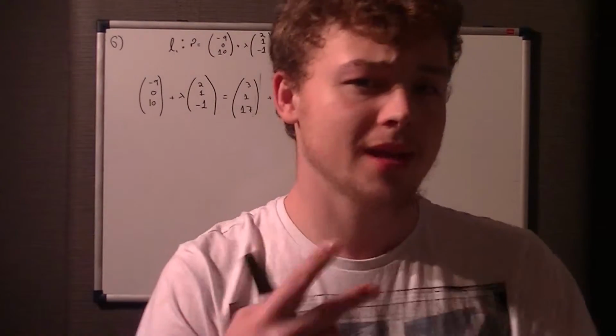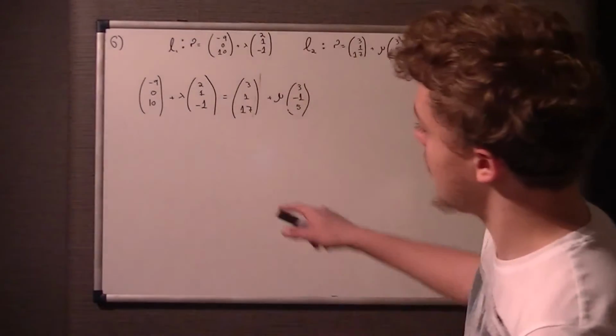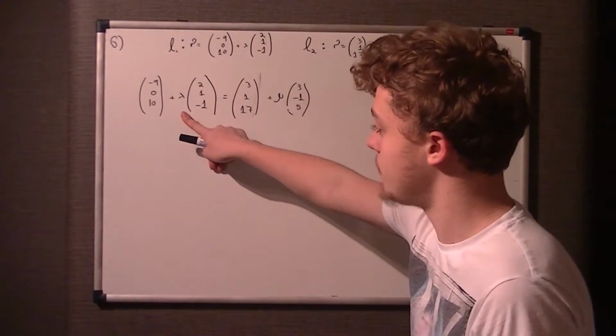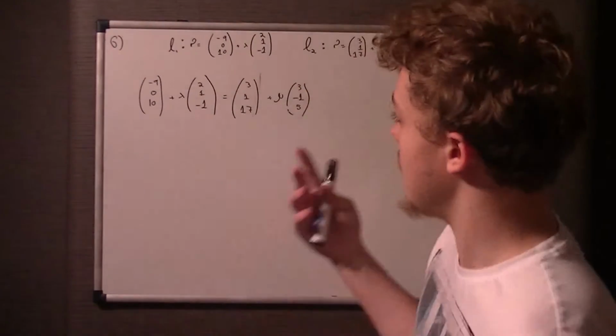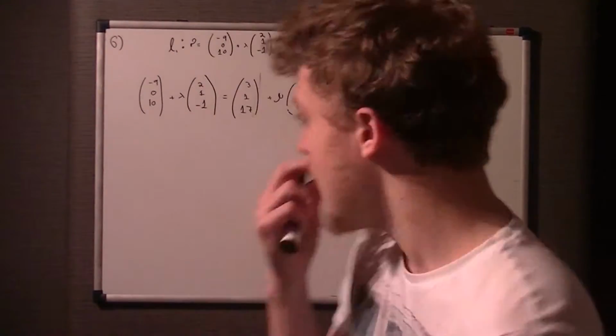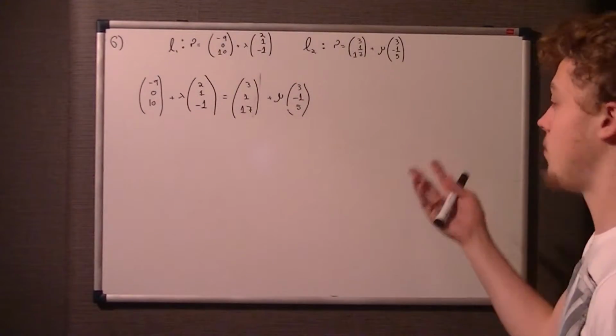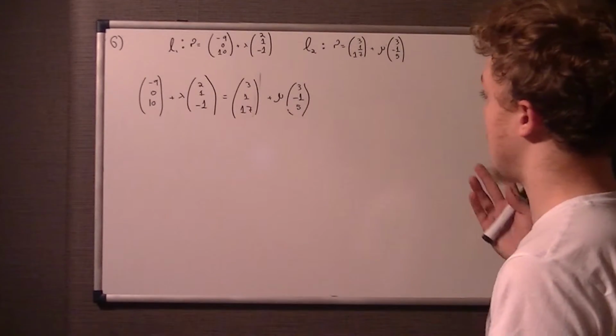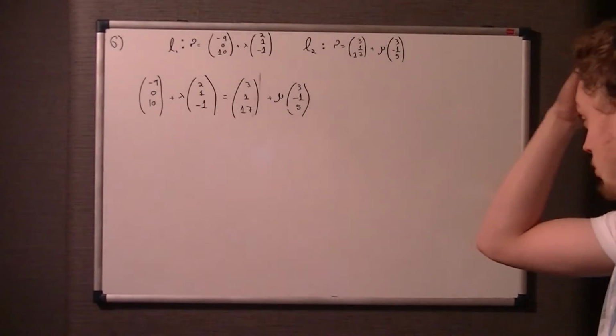It does end up being different, but that doesn't matter. Basically, for a constant value of lambda, it will give us a position on the line L1. And for a different value of mu, that will give us a position vector on the line L2. And they have to be the same, okay?